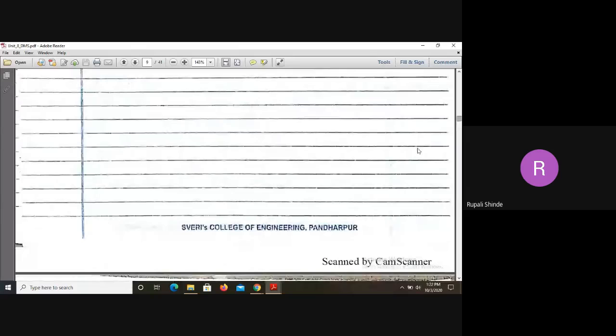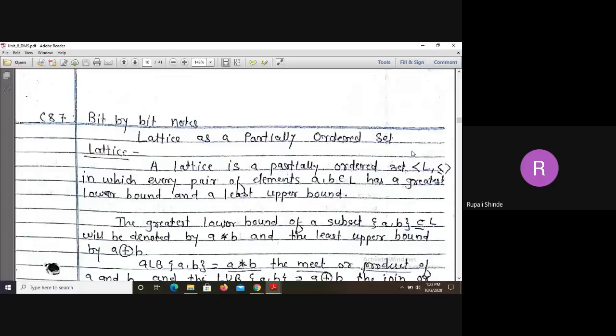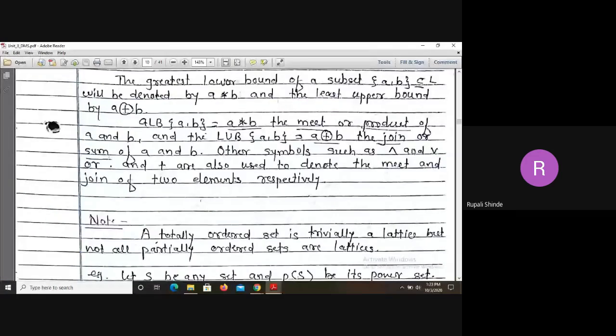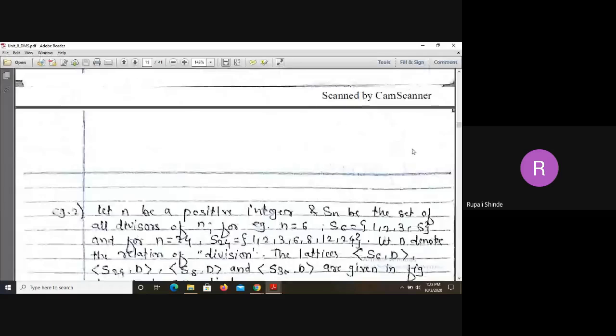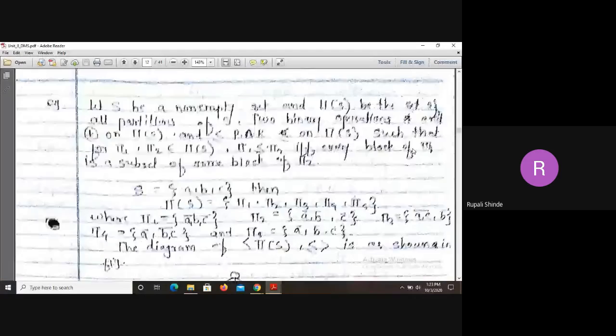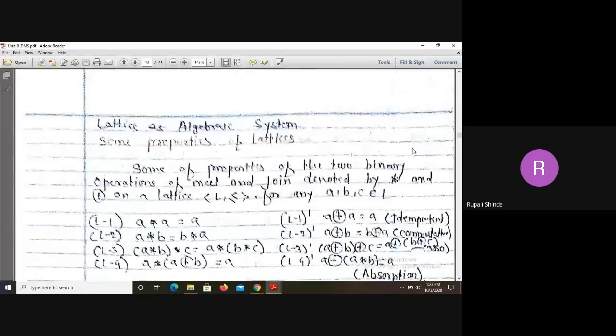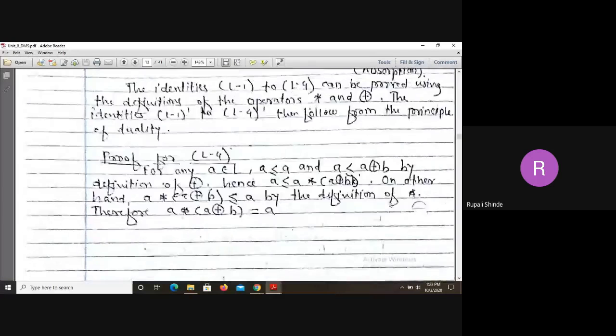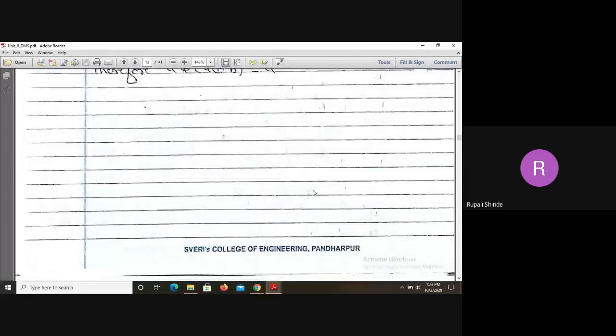There are four different properties satisfied by lattice. First one is idempotent, then commutative, third one is associative, and last one is absorption. So we have seen proof for each of these properties.